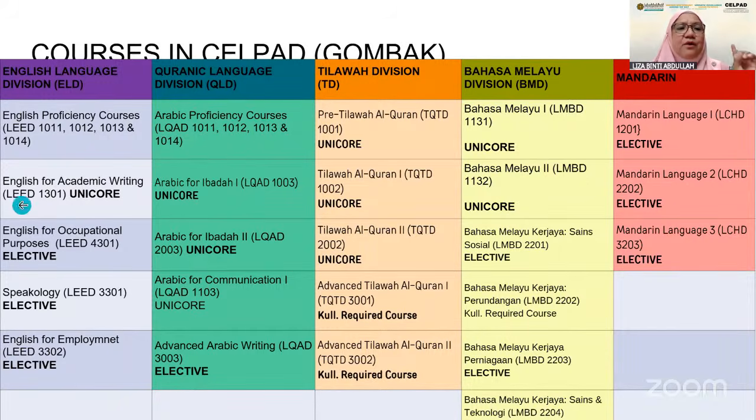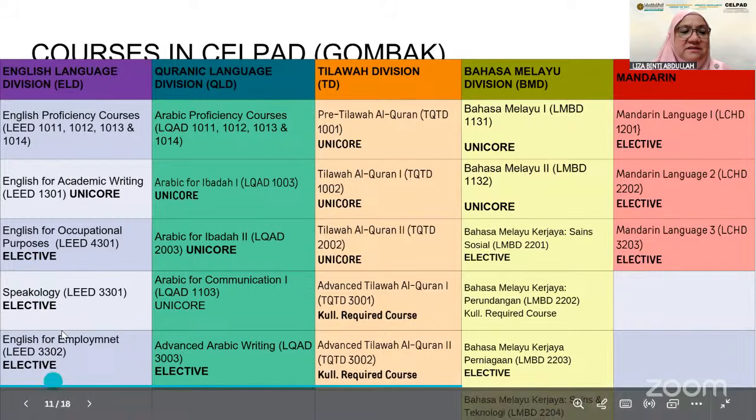All right. Now, for English, we also have Unicore, which you will take in year 1: English for academic writing. We also have our elective courses: English for occupational purposes, English for employment. Oh, wrong spelling, sorry. Employment.